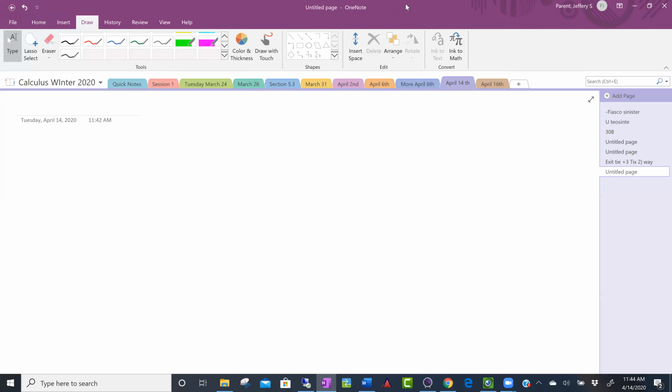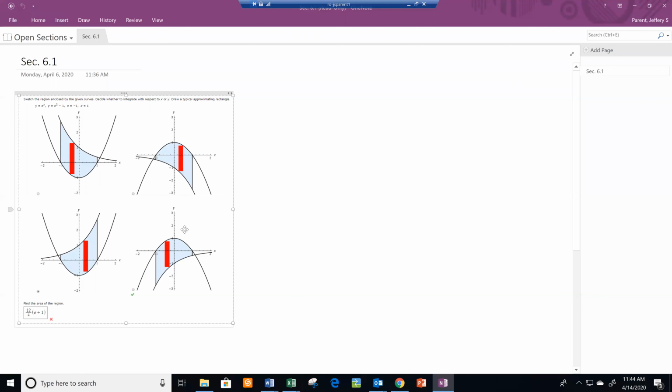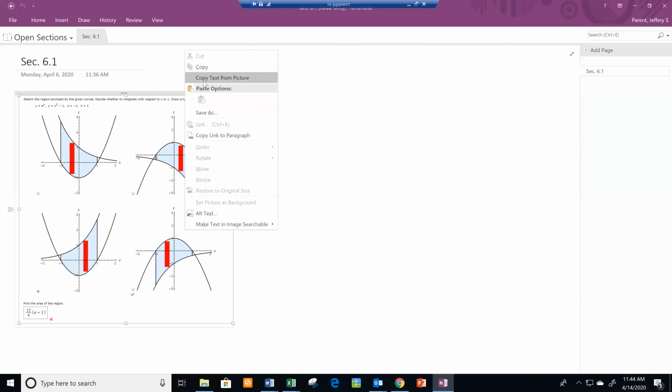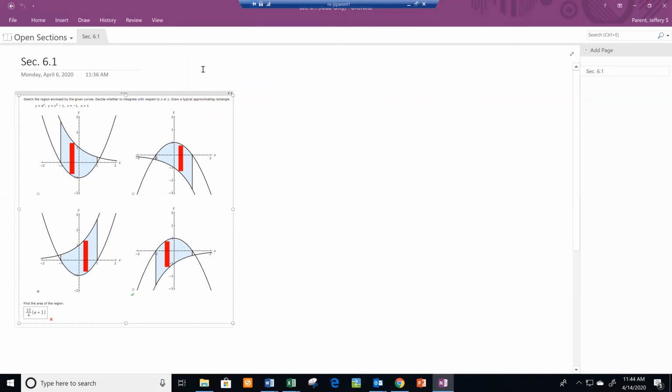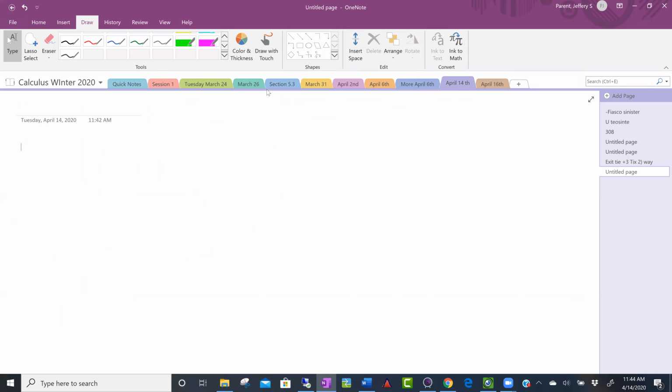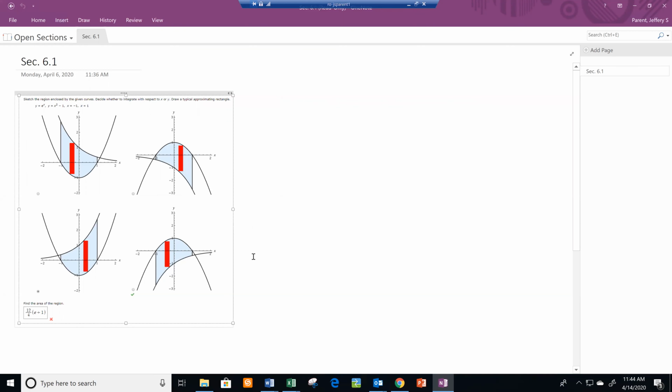Copy, paste. It's not liking that. Why is it not liking that? Copy. Last chance. All right, I'm not sure why it's not copying. But let's approach it from a different point of view.